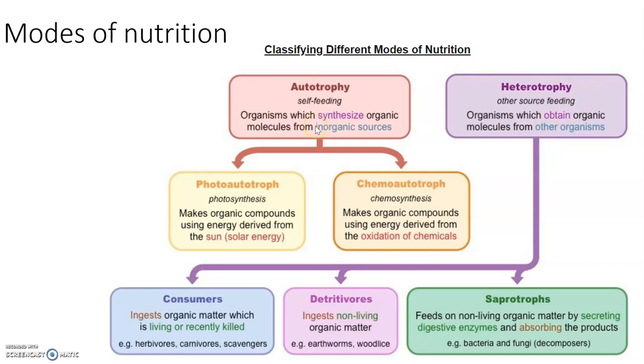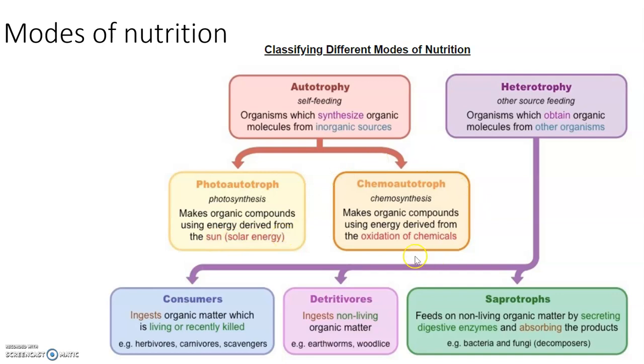So autotroph if you produce your own organic molecules, and heterotroph if you obtain your organic molecules from other organisms. And autotroph organisms can be divided into those that are photoautotroph. They get the energy that they need to put together the inorganic molecules and form organic compounds from sunlight.